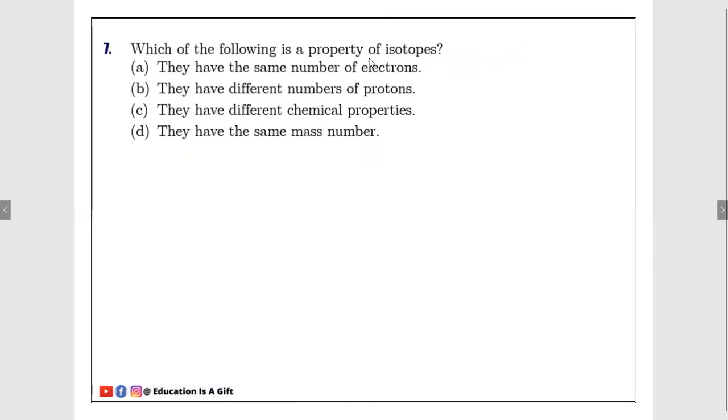Which of the following is a property of isotope? First of all, we have to understand what is meant by isotope. Here we have isotopes and isobars. If it is isotope, you have to go with same atoms, and while coming to isobars, you have to go with different atoms.